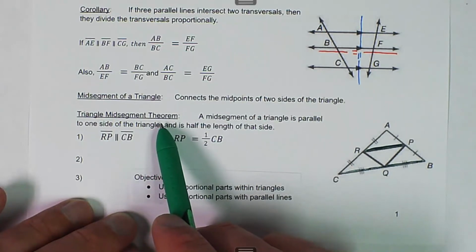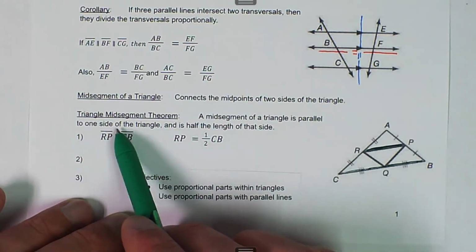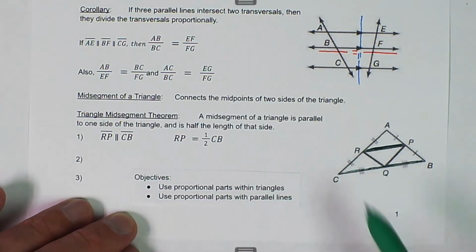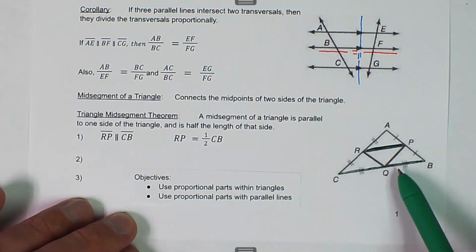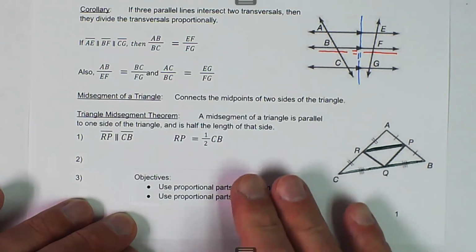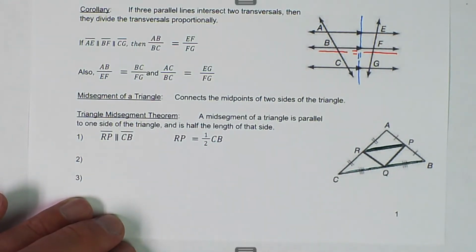So the triangle midsegment theorem says a midsegment of a triangle is parallel to one side of the triangle and is half the length. So if this is the midsegment, then we know that this line is parallel to this line, and this line segment RP is half the distance of CB. And we can fill in 2 more there.